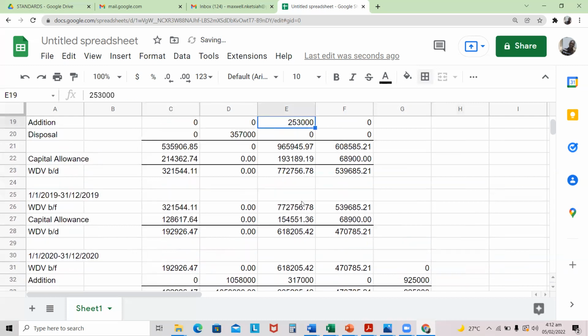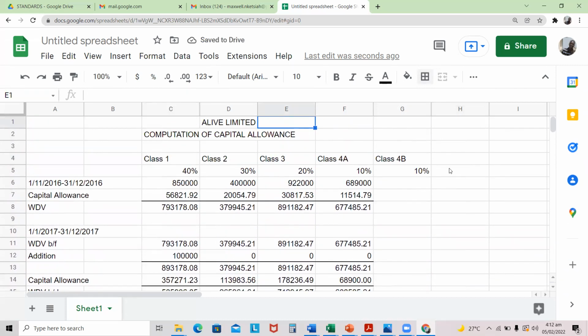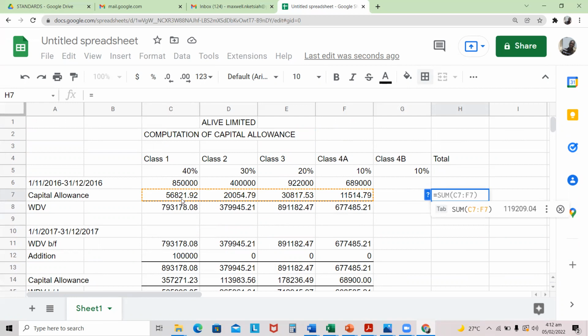So every year you have to add the total capital allowance. So for year 2016, total capital allowance is this plus this plus this plus this.